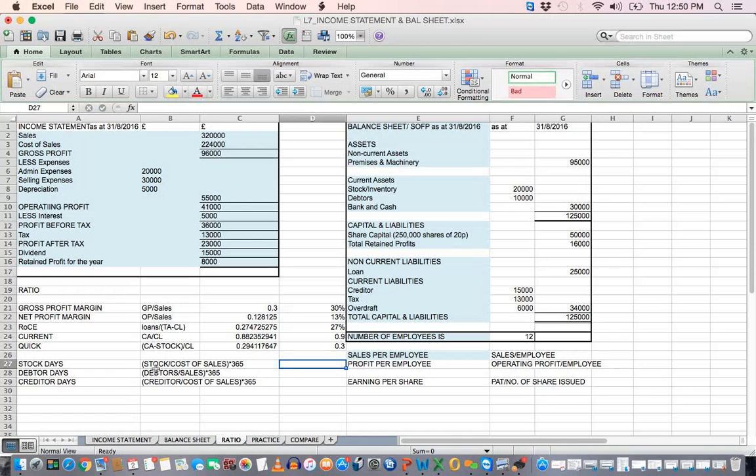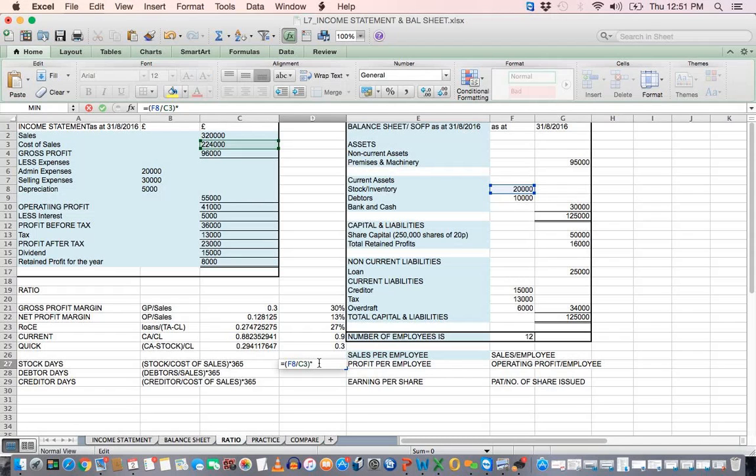Now the stock days equals the stocks divided by cost of sales. So equals our stock, divided by our cost of sales, and you put the minus bracket if you're multiplying 365.